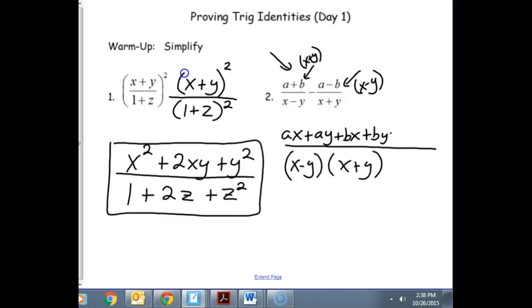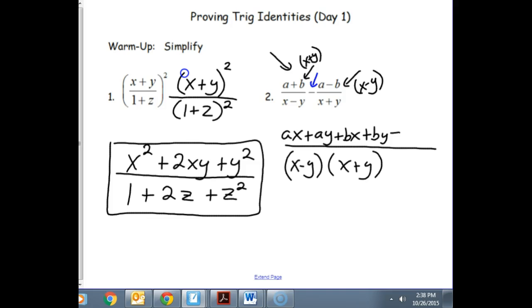Minus, because of this minus sign, you have to be very, very careful. What is that going to do to all of your terms after this? It's going to change the signs, because that negative is going to distribute to everything. So what are you going to end up with?